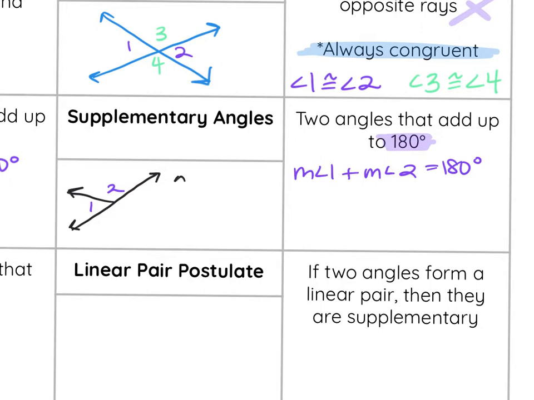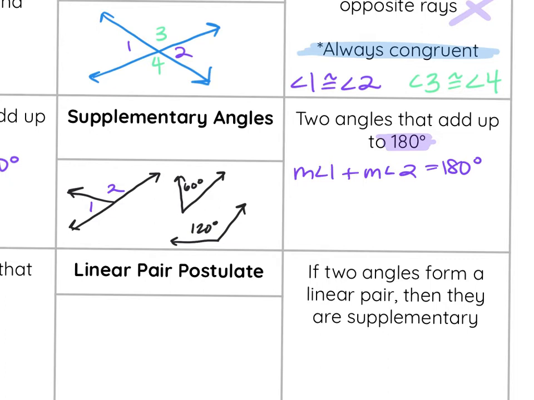We could also just have 2 angles. Let's say this is 60, and then we have a 120-degree angle. Those add up to 180. Even though they're not next to each other, they're still supplementary because the values together make 180 degrees.